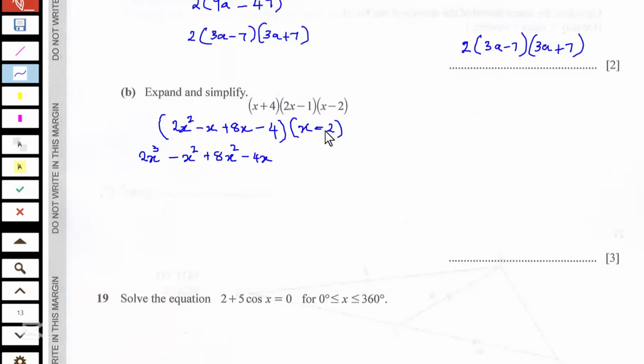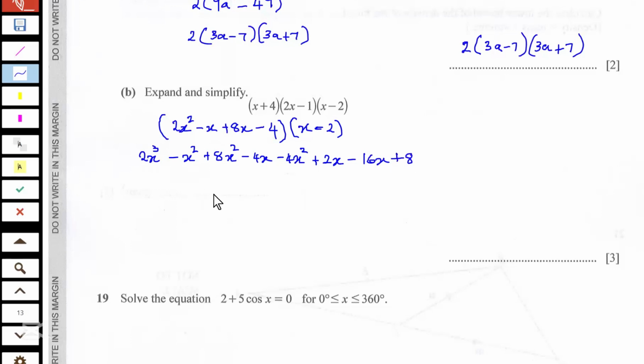Then negative 2 times 2x squared will be negative 4x squared. Negative 2 times x will be positive 2x. Negative 2 times 8x will be negative 16x. And then we have negative 2 times negative 4 to give positive 8.